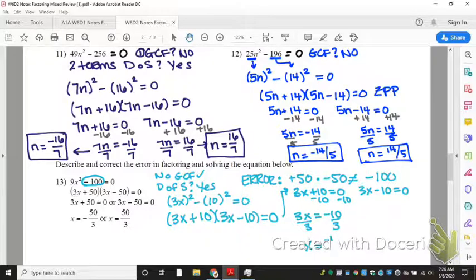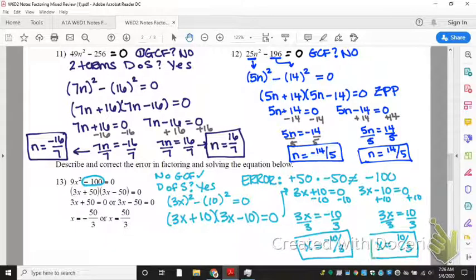X is equal to negative 10 thirds. Here I'm going to add 10 on both sides. 3x is equal to 10, divide everything by 3, and x is equal to positive 10 thirds. Okay, so that's a multiple part answer. You have your solutions, but you also have to indicate what the error was.